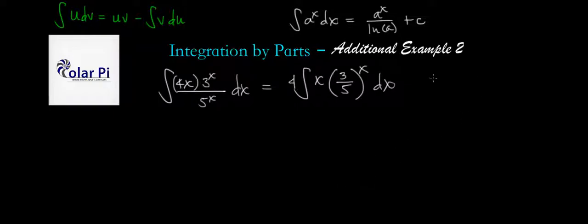By that rule of thumb, we should make u equal x, because after a couple of derivatives, this would disappear. If you make the incorrect choice of u, all you have to do is guess again. Life goes on.